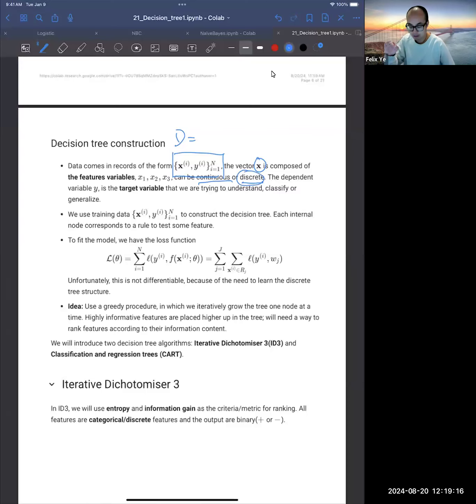This is quite different. Also, the dependent variable, which is my target, can be continuous and can be discrete as well, depending on what kind of problem you are working with.